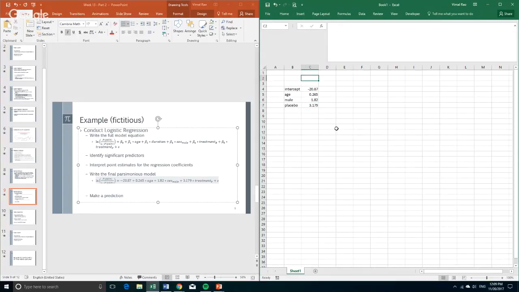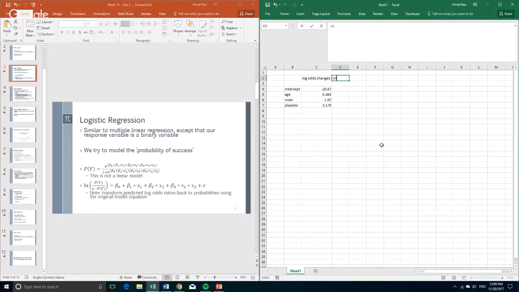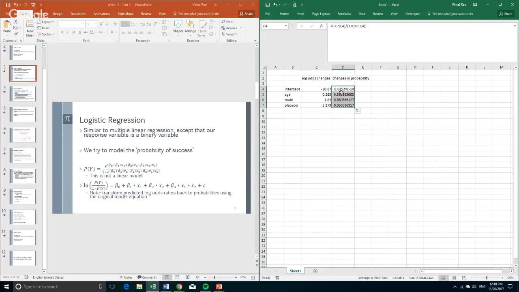Okay, so here are our log odds changes. Now remember, I said that the way to convert it back was by saying changes in probability is e to the log odds divided by 1 plus e to the log odds. So the changes in probability are as such.